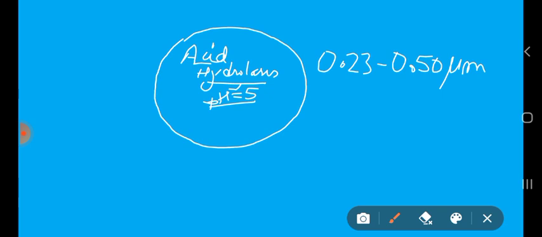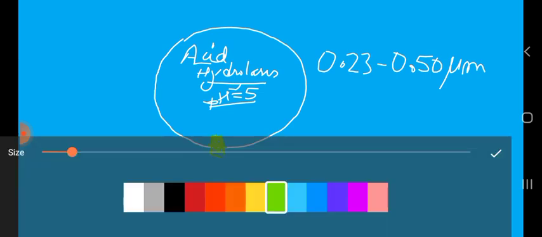Suppose the proton pump is right here. I'm drawing with green. These proton pumps utilize the energy.